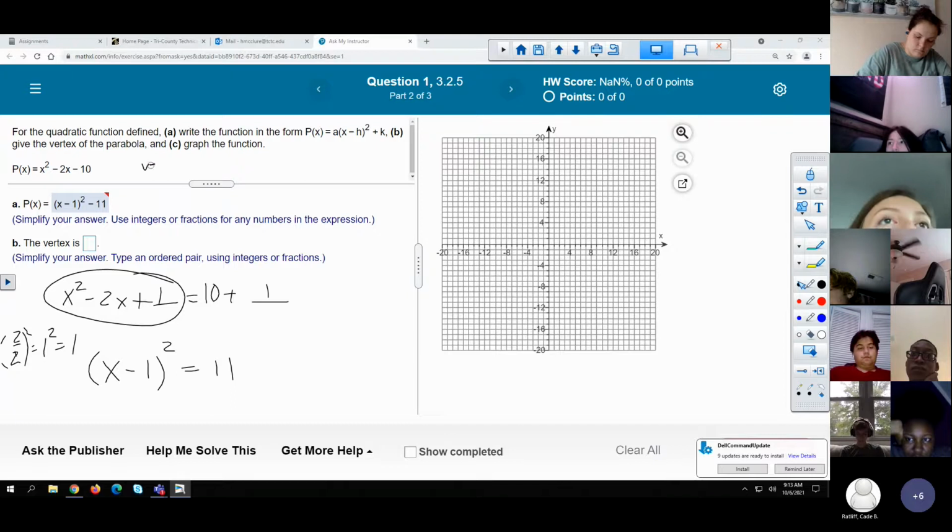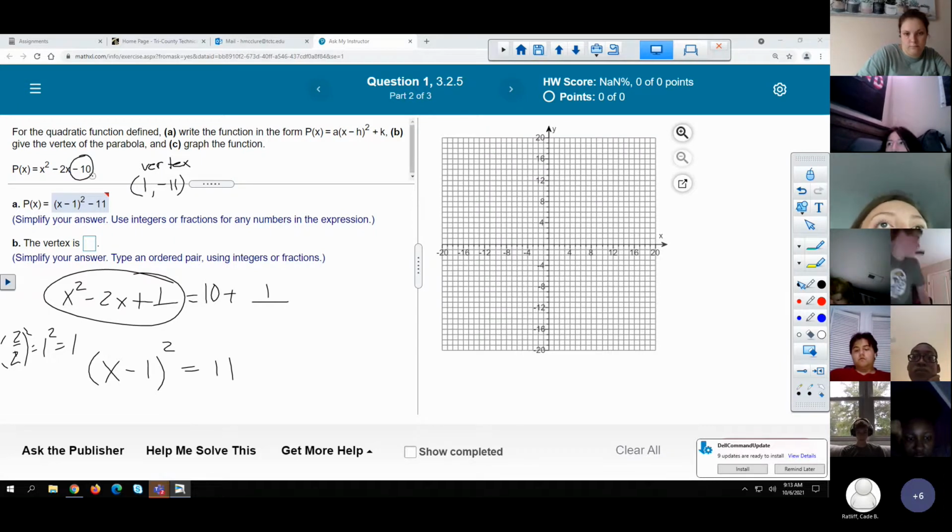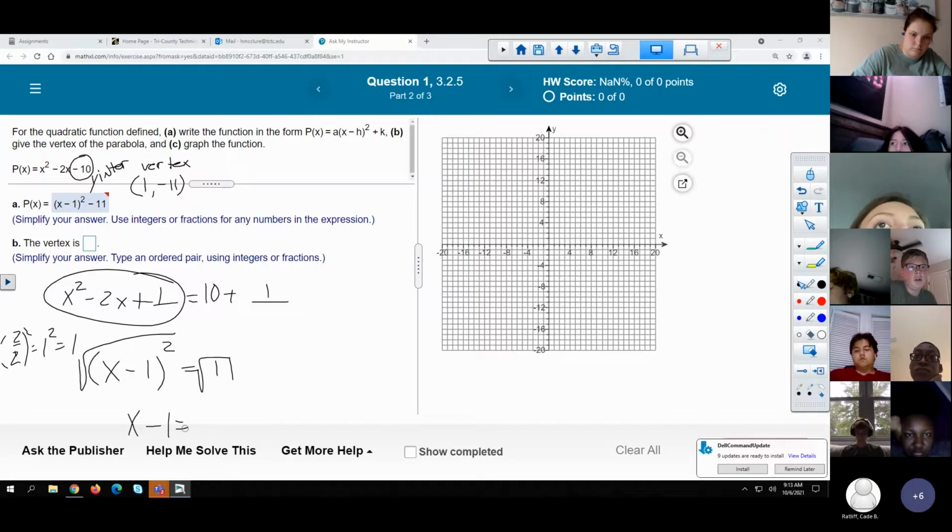Vertex is 1 and negative 11. This is your y-intercept. And the x-intercepts are going to be x minus 1 is equal to positive or negative square root of 11, plus 1.